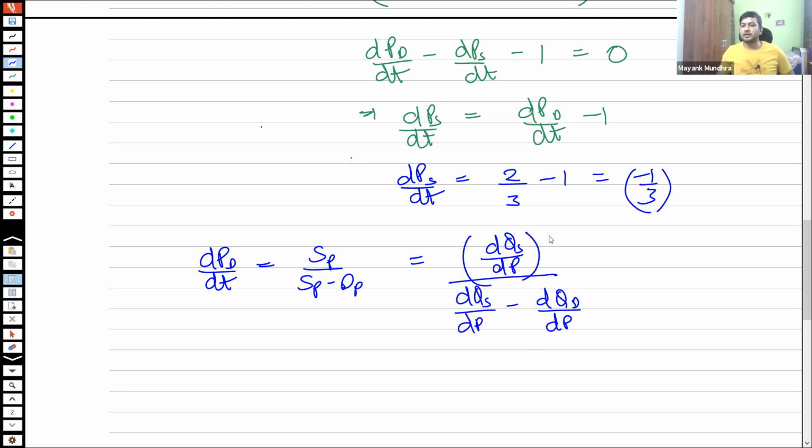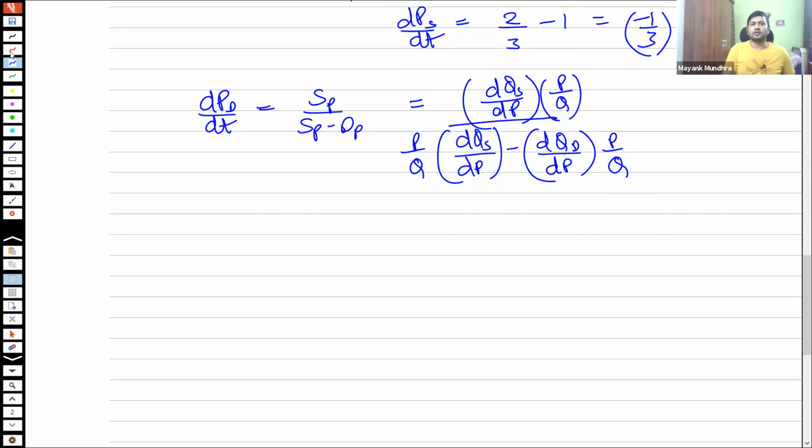Now I can multiply this by P by Q, this by P by Q, and this by P by Q. Now remember this quantity Q is at market clearing level. This quantity Q is equal to quantity supplied and equal to quantity demanded. So here I'll call this Q as QS, and here I'll call this Q as QD.